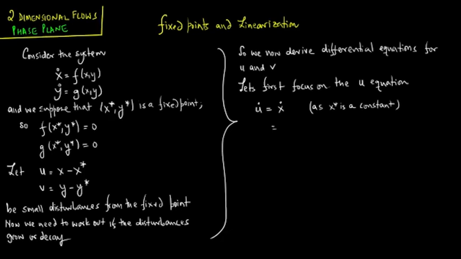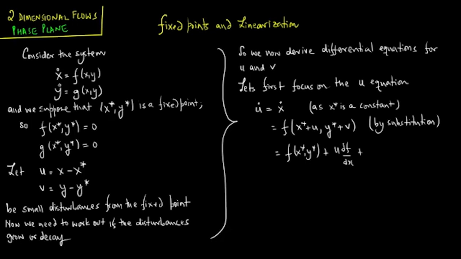This is equal to f of (x star plus u, y star plus v), by a simple substitution, and this expands to f of (x star, y star) plus u times df/dx plus v times df/dy plus terms that are order u squared, v squared and uv, and this comes by employing a Taylor series expansion.